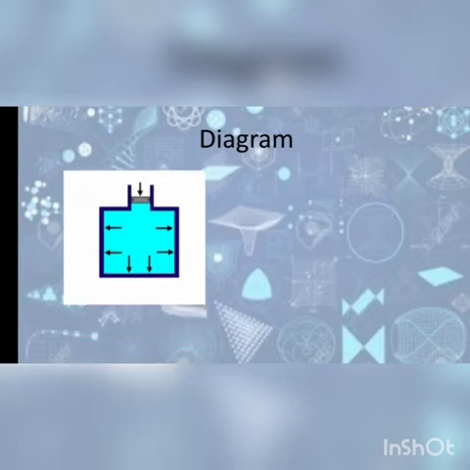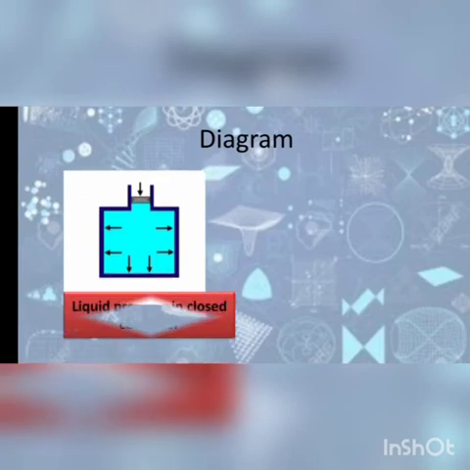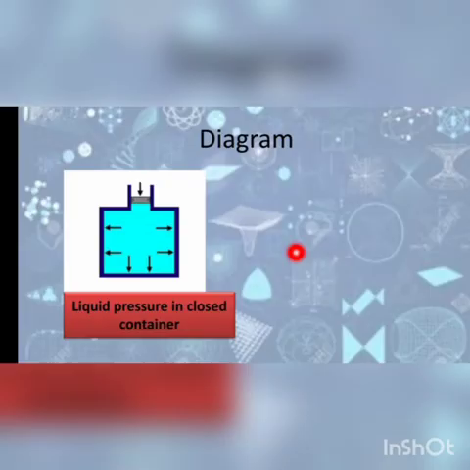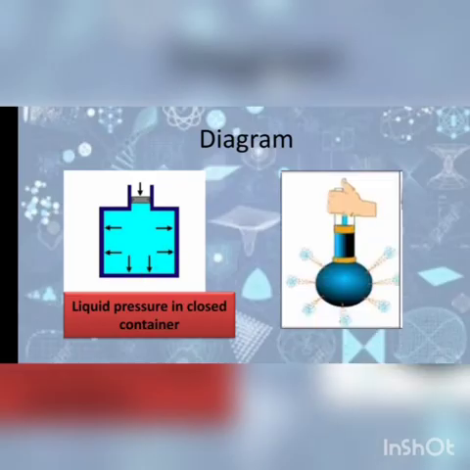This is a closed container and the fluid is filled in it. These arrows show the pressure that is exerted by this fluid in all directions. Next diagram also shows that if we apply a force on a closed container in which a fluid is present and make some holes in its walls, the water flows out of these holes because the fluid pressure is exerted in all directions.